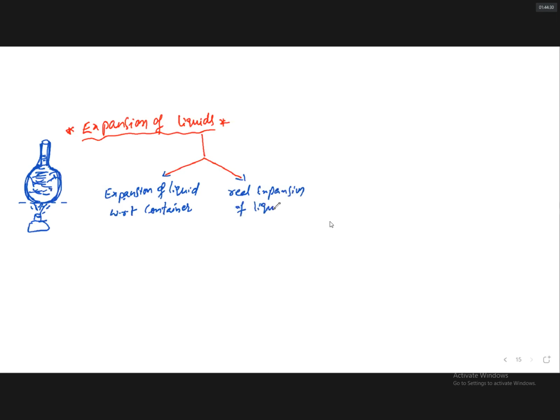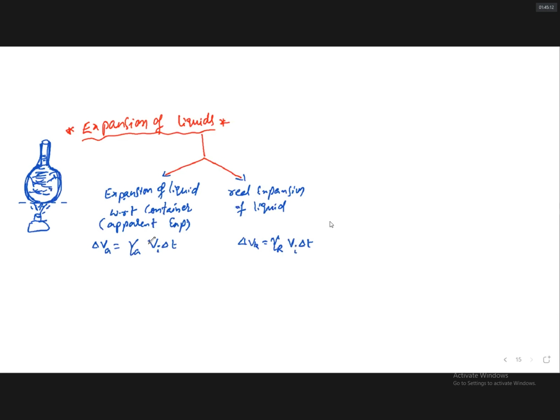The apparent increase in volume is gamma A into initial volume into delta T, and the real increase in volume is gamma R into V into delta T, where V is the original volume, and gamma A and gamma R are the coefficients of apparent expansion and real expansion of the liquid.